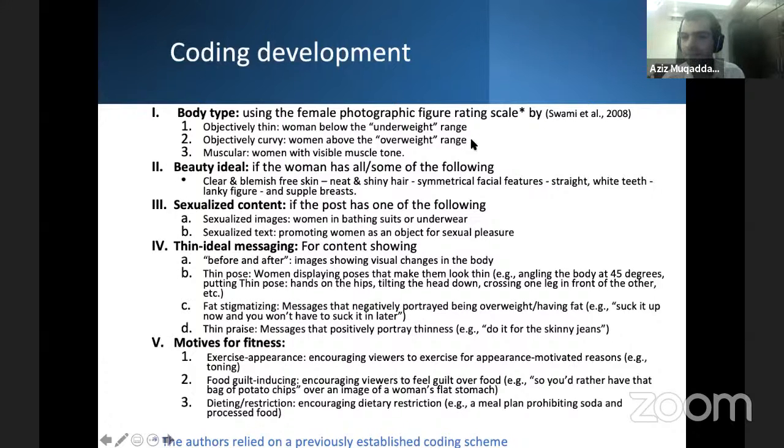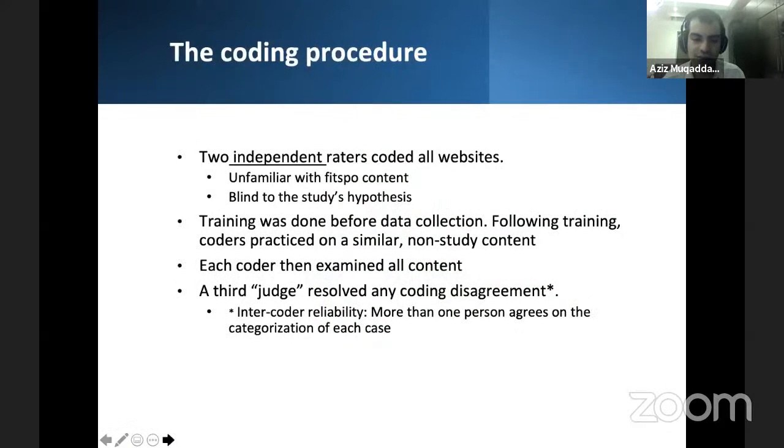Thin praise. And actually, you can see why this might be a reason for disagreement. Here you see sexualized content. It's more like a clear-cut definition. So bathing suits, underwear. It's either there or not. So you would end up with a high agreement.